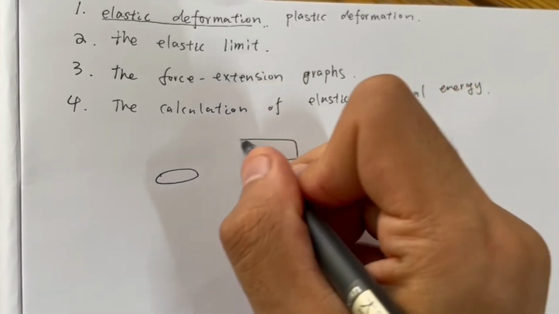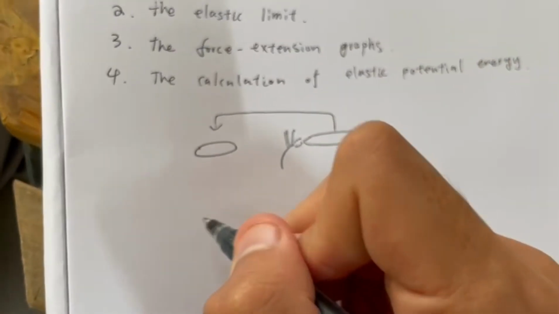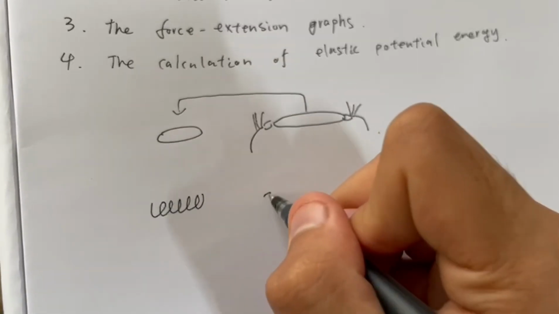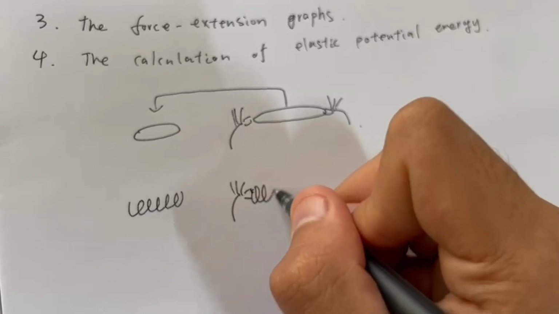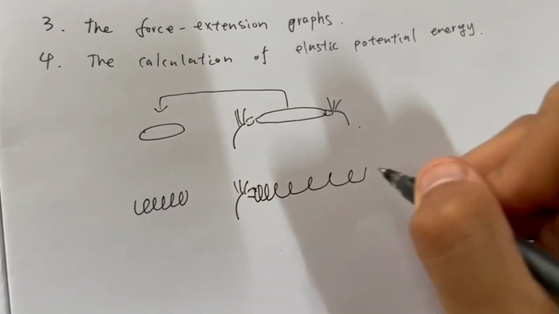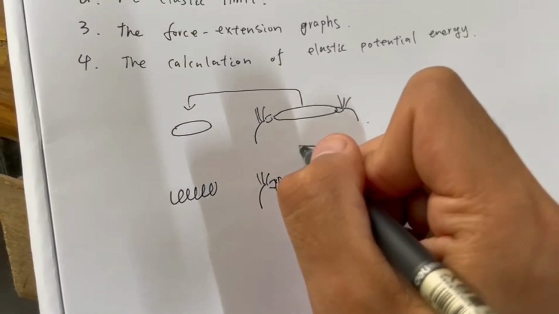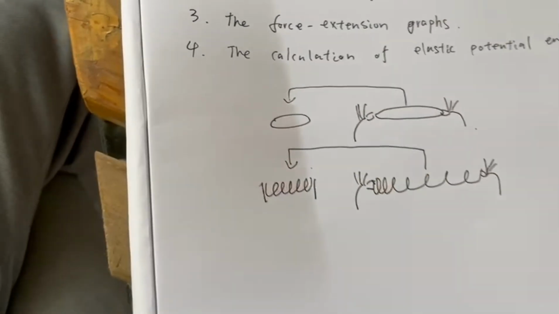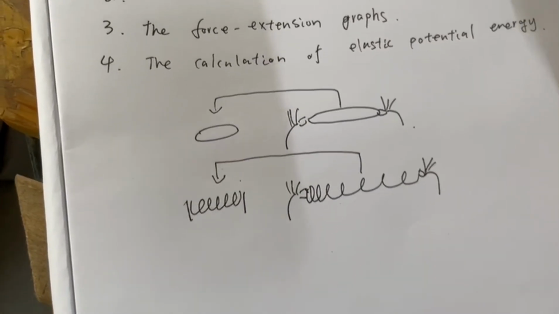It will go back to its own original shape. It's the same with a spring. Stretch it and let it go, and it will go back to its own length. So this is elastic deformation.